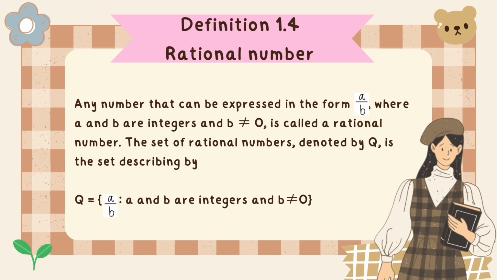Any number that can be expressed in the form a over b, where a and b are integers and b is not equal to 0, is called a rational number. The set of rational numbers, denoted by Q, is the set described by Q is a over b, where a and b are integers and b is not equal to 0.